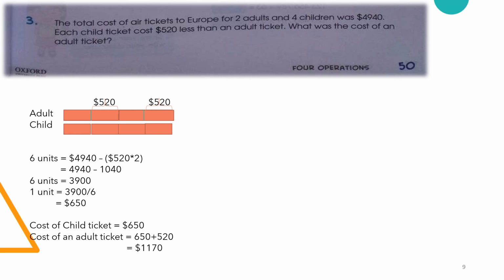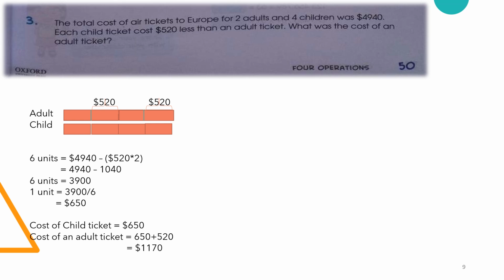But the adult ticket is $520 more than a child ticket. So there are 2 adults, so first we multiply 520 by 2, which is $1040.